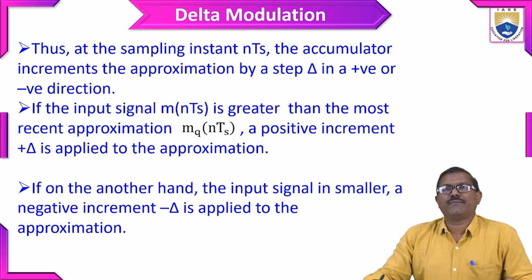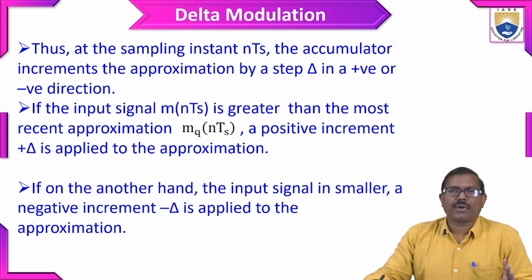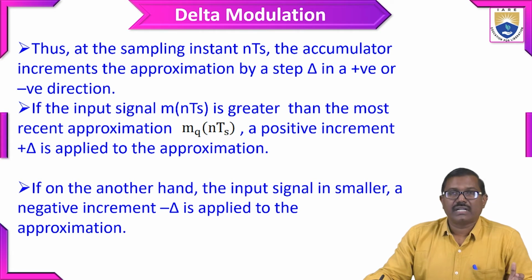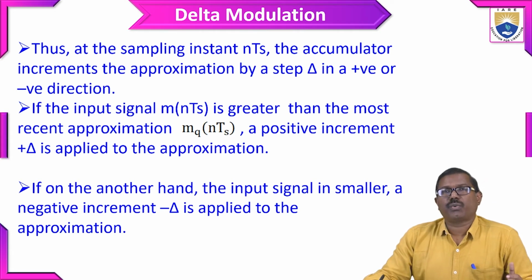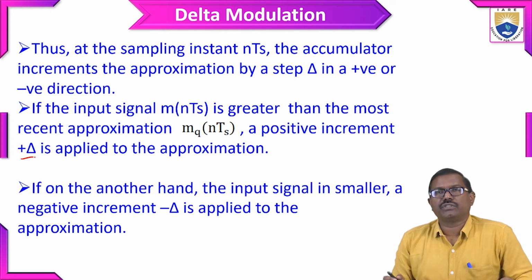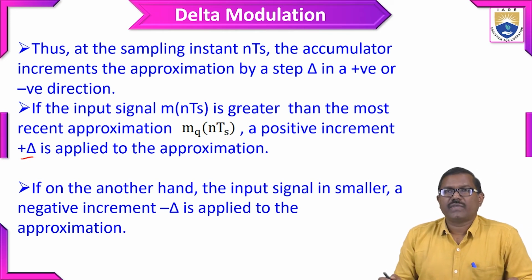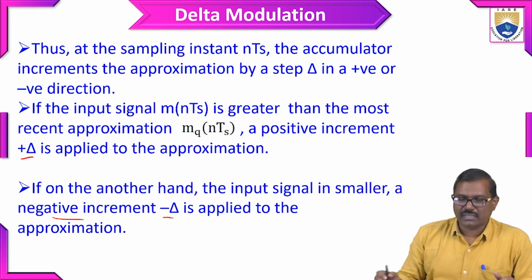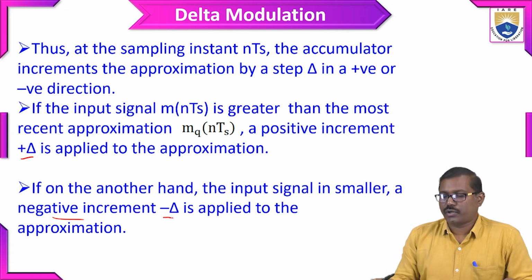If the input signal m(nTs) is greater than the most recent approximation mq(nTs), a positive increment plus delta is applied to the approximation. On the other hand, if the input signal is smaller, then a negative decrement, that is minus delta, is applied to the approximation.